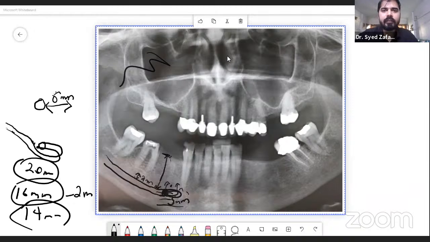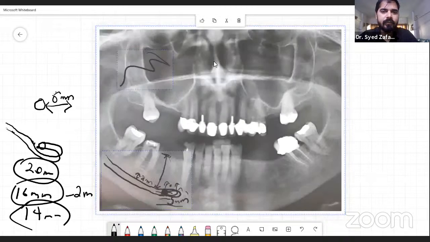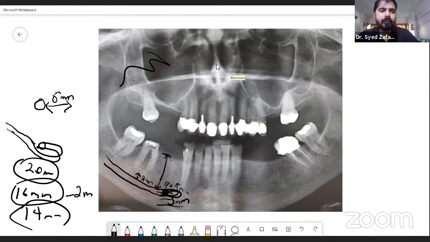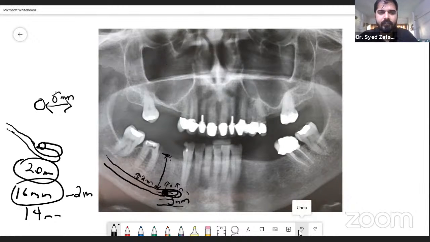Only the image is visible. Now the drawing is visible. What I have drawn on it, you can now see it. Yes. So do you want me to repeat it again? Maybe you have not seen it. Okay, I will undo everything, then I will show you.